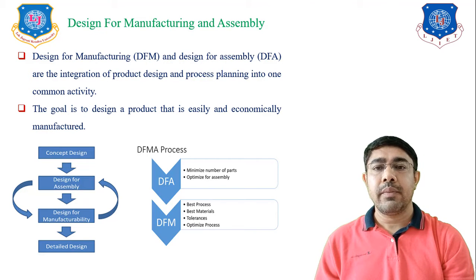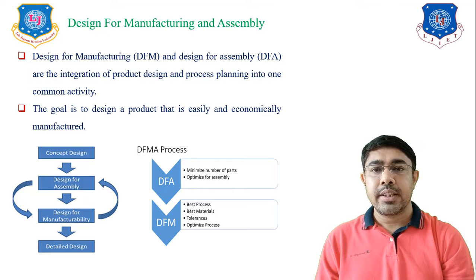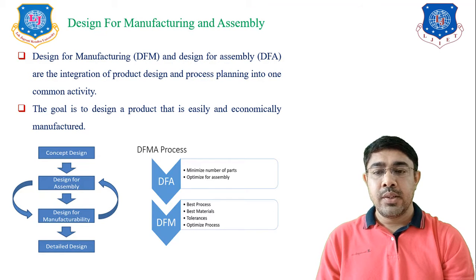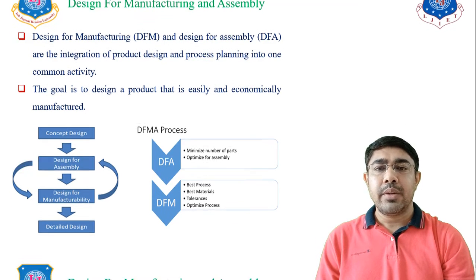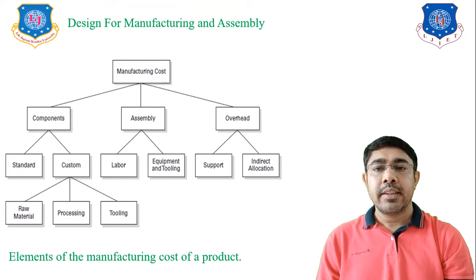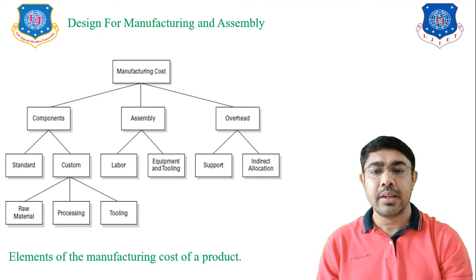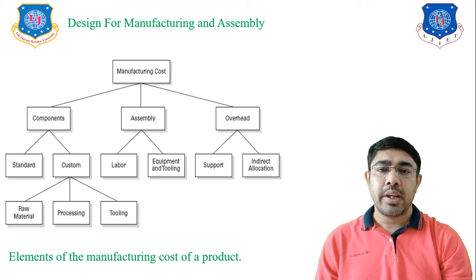These are the main aspects while we design any component with respect to design for manufacturing and design for assemblies. To reduce the manufacturing cost, in previous lectures we learned that manufacturing cost is divided into three elements. First is the component cost, second is the assembly cost, and third is the overhead cost.